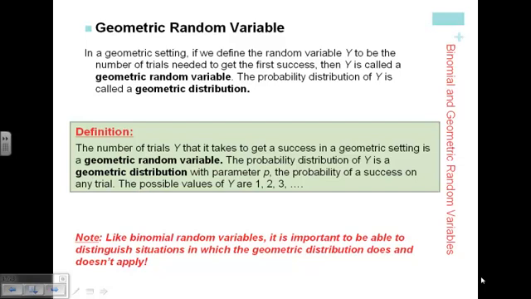N or T. Is it a set number of trials, that's the N, or you do as many trials as it takes until you get your first success? Set number of trials, binomial. Try for your first success, geometric. Okay? Everyone okay with this? No questions? Next slide.